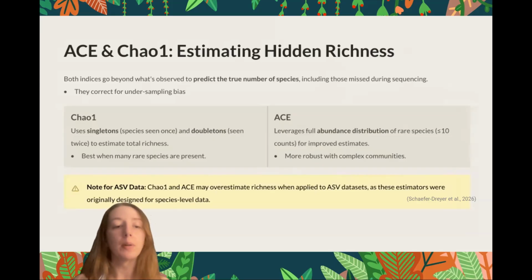In this case, though, both of the metrics are assuming that rare taxa are signaling a hidden diversity, and these estimators can be unstable in very sparse data sets. But if singletons are abundant due to sequencing error or insufficient filtering, the Chao1 may overestimate the richness.